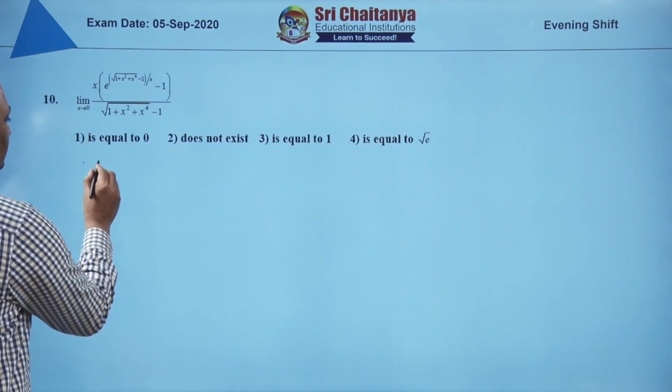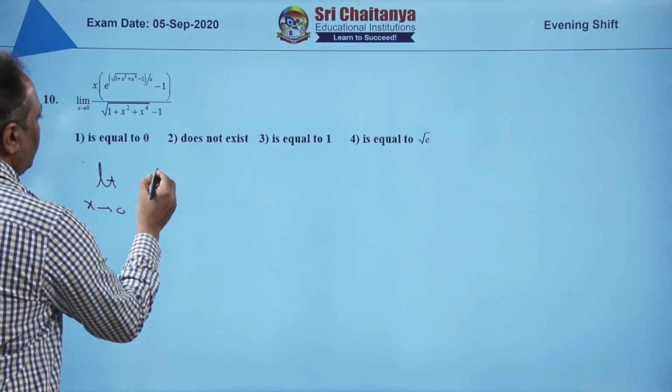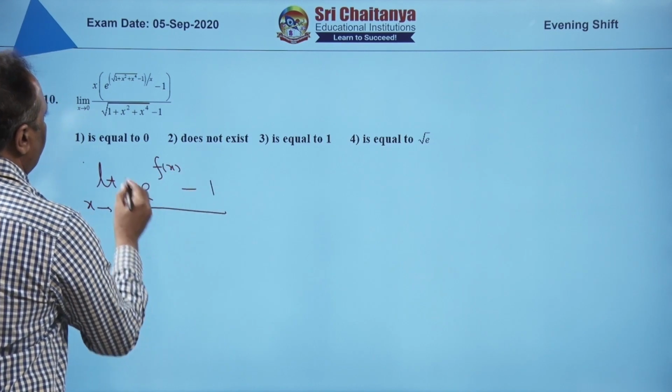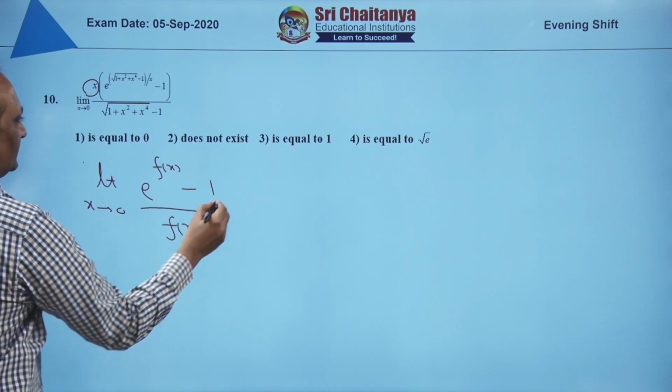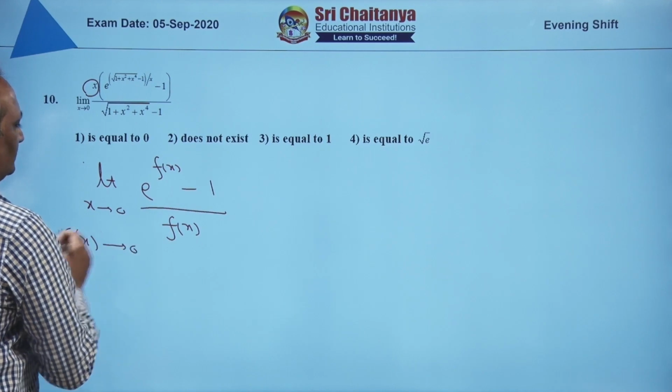Coming to the next question, it is a problem based on fundamental principles of limits. Here the limit as x tends to 0 of e power, consider this entire thing as some f of x, minus 1, divided by this value in the denominator, that becomes f of x. As x tends to 0, f of x also tends to 0.